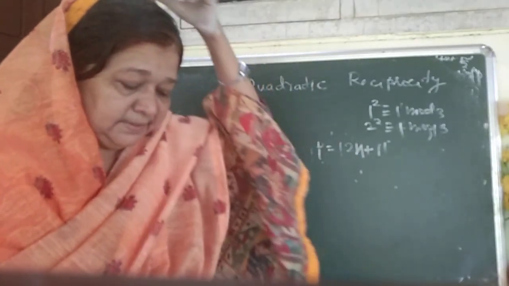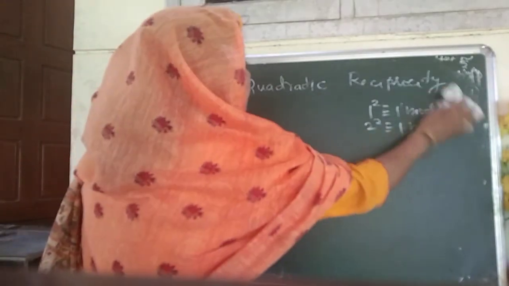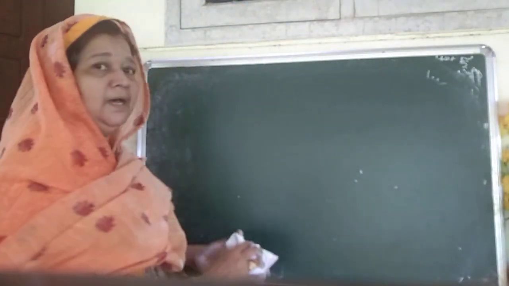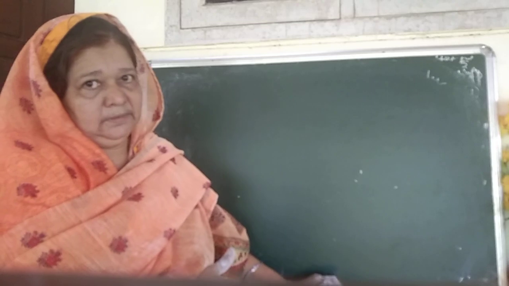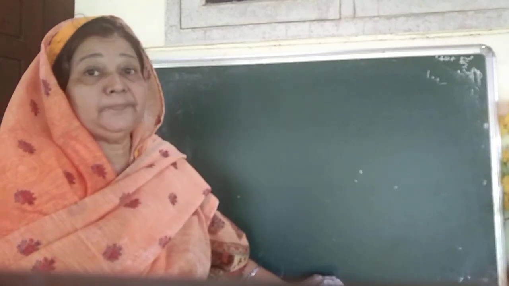Then the Jacobi symbol. What is the Jacobi symbol? Here the Legendre symbol is assumed for P a prime.